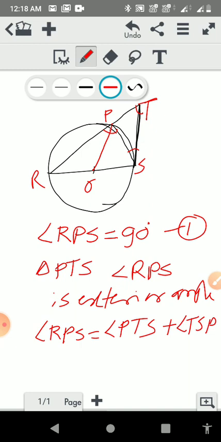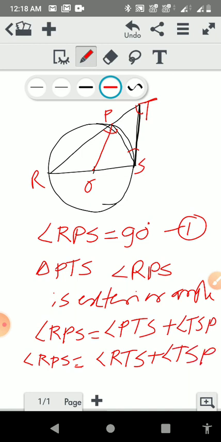Then angle RPS equals angle PTS, which can be written as RTS, because these three points are collinear, plus angle TSP. Only the thing is that instead of PTS I am going to write RTS. So we can see here.